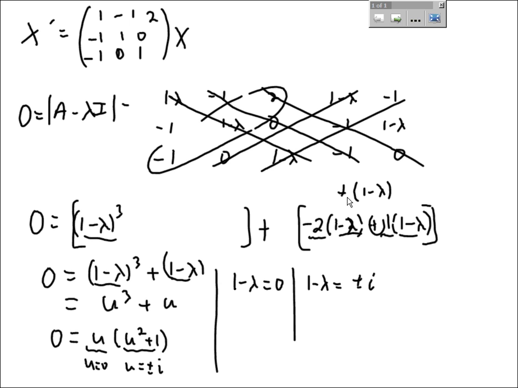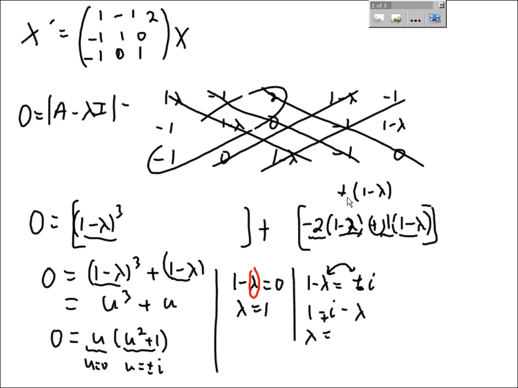Well, of course we know what to put there instead of lambda. We put 1 minus lambda. So lambda is 1 minus u. We can interchange these two. The 1 stays. The plus i comes over as minus i. The minus i comes over as plus i. The lambda goes over as lambda.